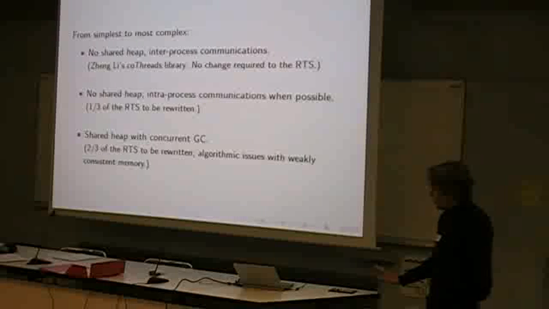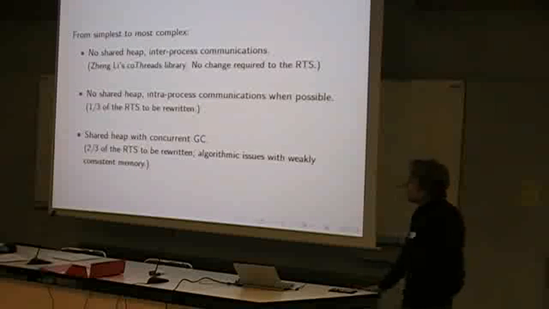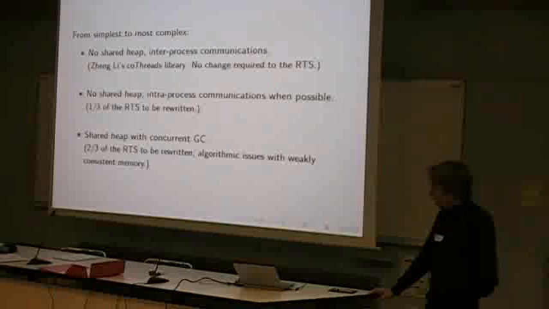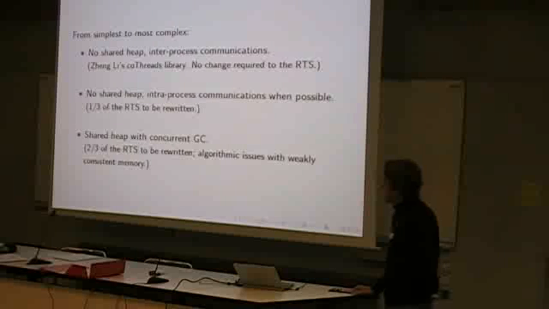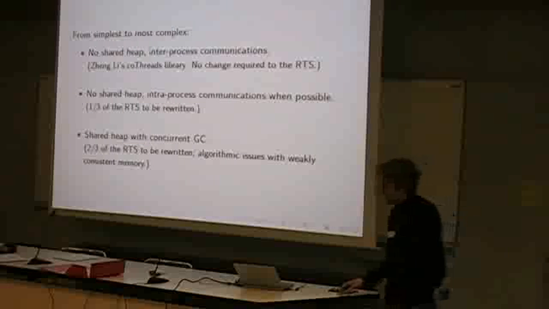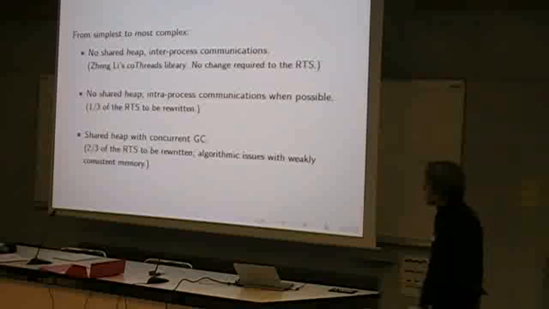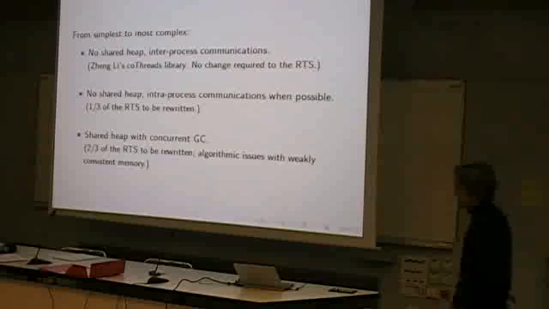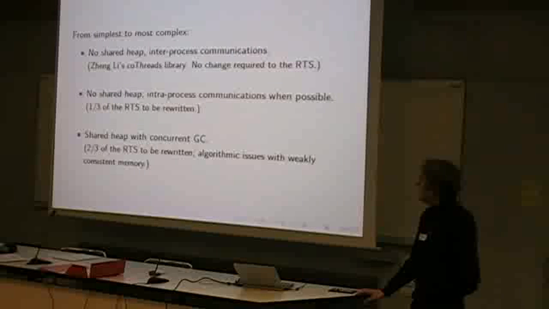But even doing just this in the current Caml runtime system needs some work, because we have lots of global state in the runtime system that needs to be transformed into per-thread state. I estimate we need to rewrite a third of the runtime system. And then there's the holy grail, which is to be able to share a heap between several agents if needed.